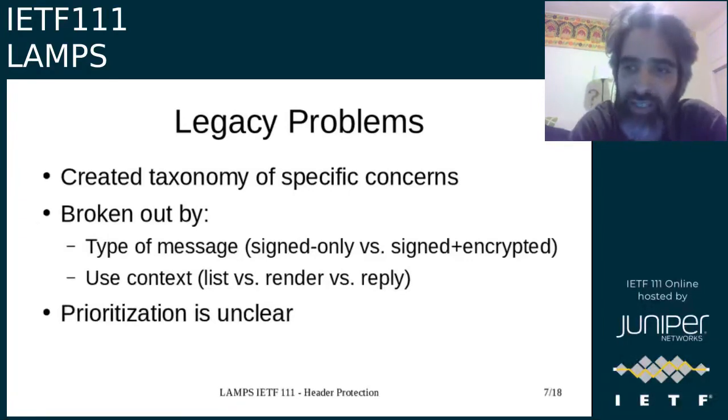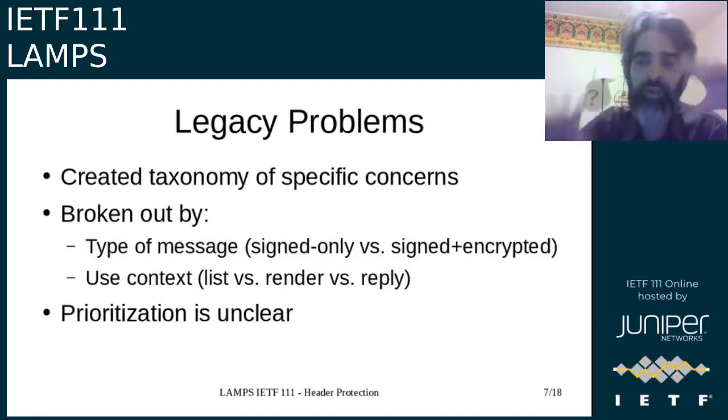One example is that requiring user interaction for a signed only message might be significantly worse than requiring user interaction for a signed and encrypted message. We can discuss whether that priority is correct, but that's the intuition I want to put forward. User agent developers might think it's okay for the user to have to do some work to decrypt a message, but they shouldn't need to do any work to read a signed only message. Or maybe we decide it's the opposite. But my point is that these are broken out by category here.